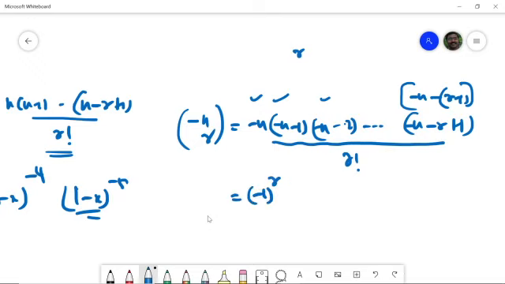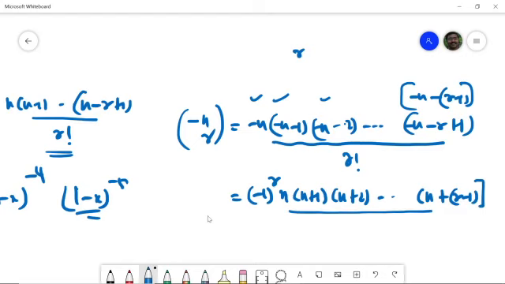I hope you can understand. Only if you write with me will you understand how it is obtained. Into n(n + 1)(n + 2) etc., you take the minus sign outside here. The last term would simply be n + r - 1, divided by r factorial.